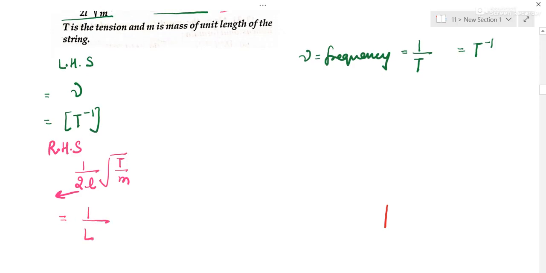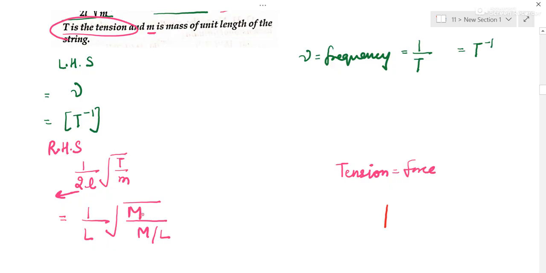Length is L. Now m is mass of unit length. So it is mass per unit length. What is T? Tension. Tension is force. That is what we have covered in dimensions. Tension is force. And what is force? mLT minus 2.